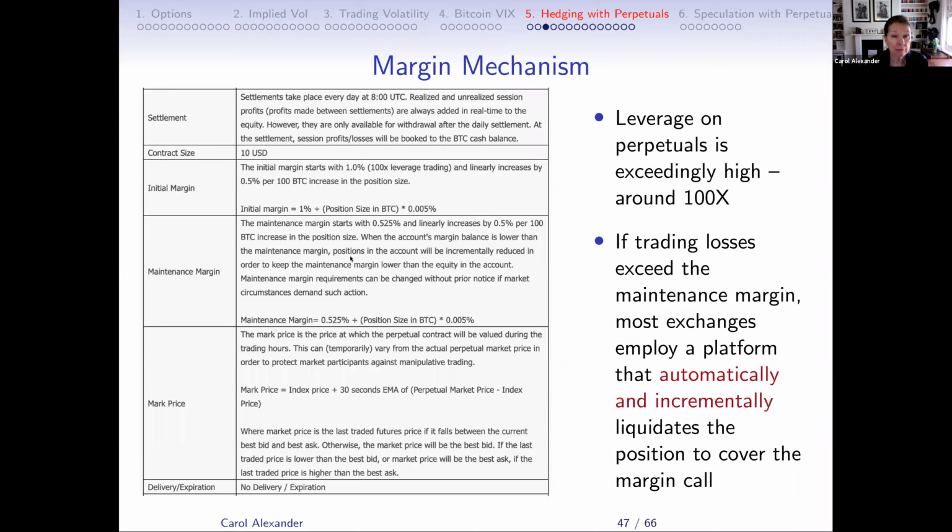The problem is that if your trading losses exceed your maintenance margin, then you will automatically and incrementally lose your position. You see, these positions are so tiny that there's no position risk as there would be on, say, a gold futures, where you'd have to hedge with exactly 1 or 2 contracts, and the value of each futures is so high that there's a very big position risk.